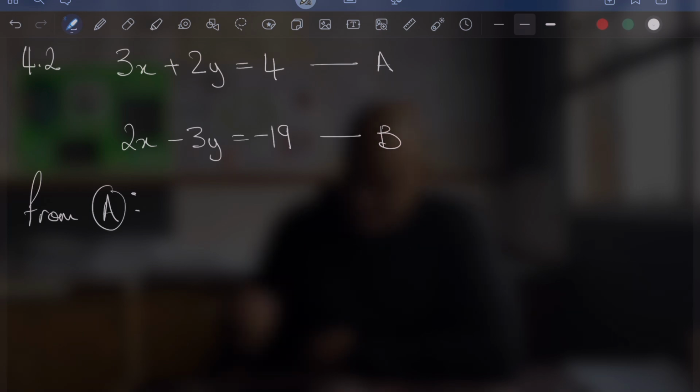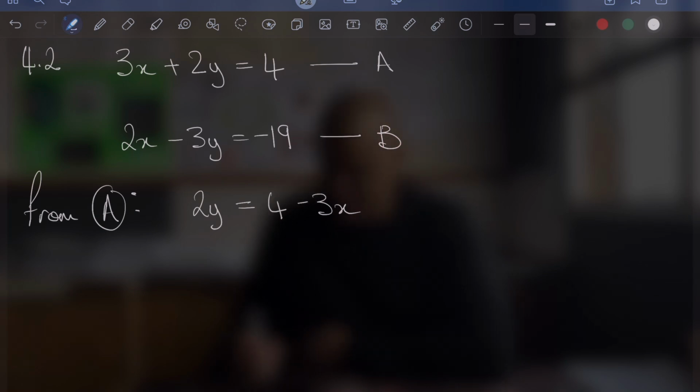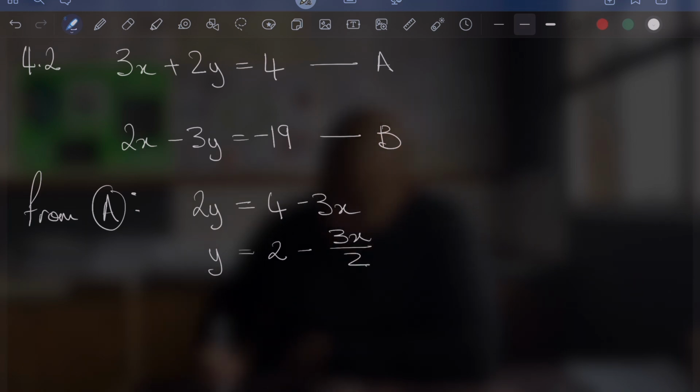That means I'm going to isolate y on the left hand side. So 2y is equal to 4 minus 3x, and then I'm going to divide both sides by 2 so I can isolate y. So y is equal to 4 divided by 2, which is 2, minus 3x over 2, and we're going to call this equation C.